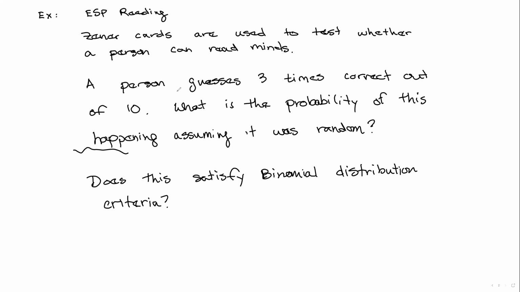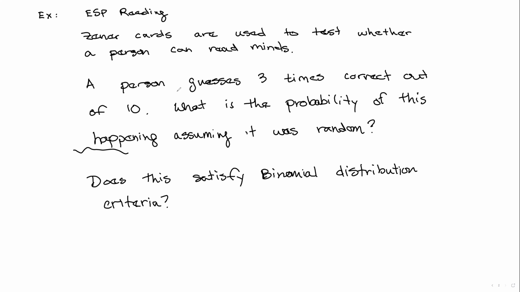Let's say you use the binomial distribution, which we'll get to, and you determine that 3 times correct out of 10 happens 70% of the time, or I don't know what it is because I haven't done this one, but that would not be particularly telling.